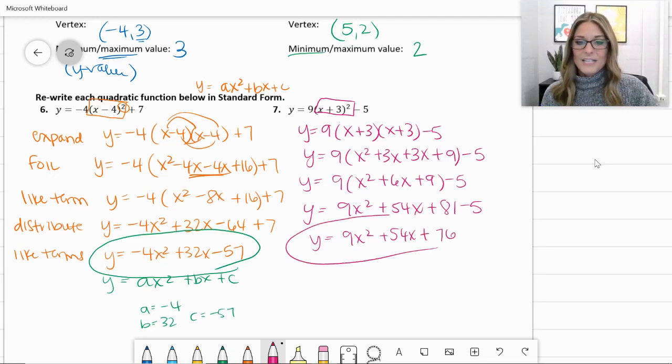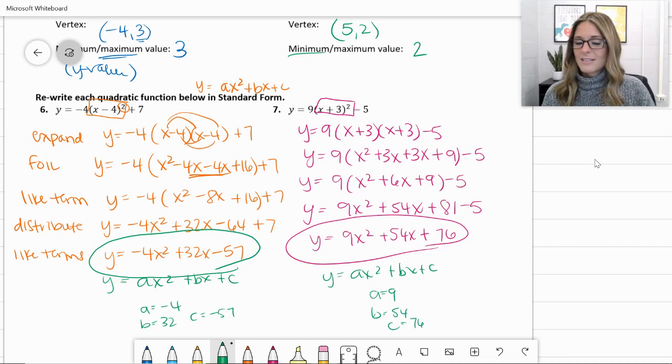So there is your standard form. Y equals ax squared plus bx plus c, where on this one your a is 9, your b is 54, and your c is 76. And you could use that to solve problems or maybe graph. But there is how you can change from vertex form to standard form.